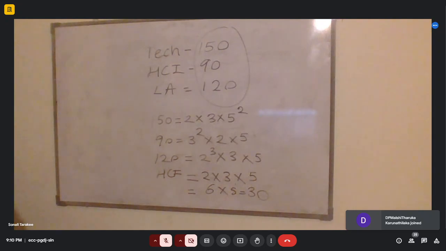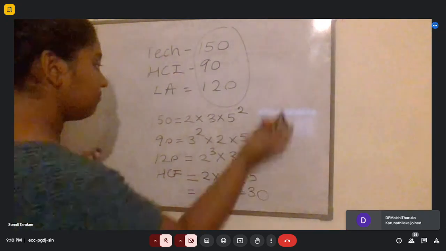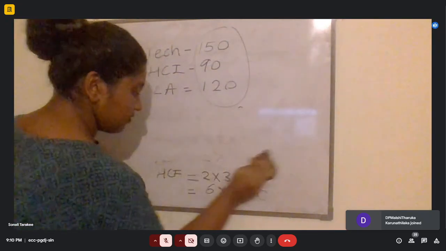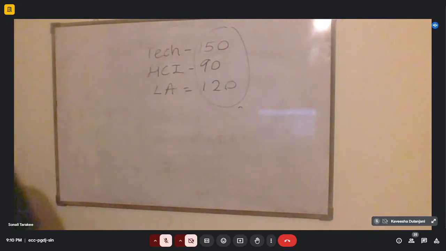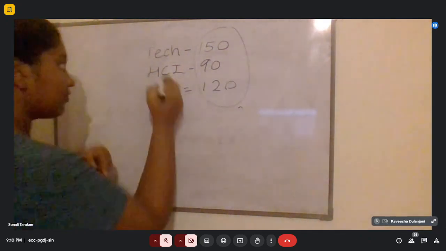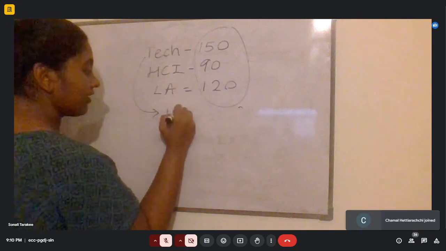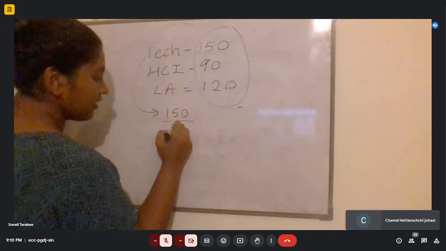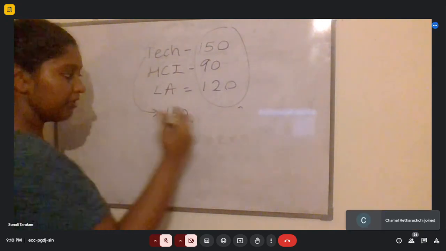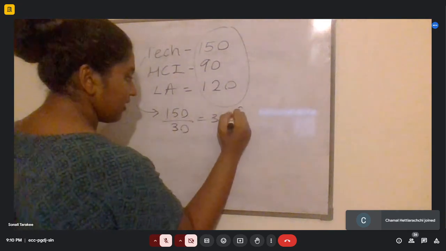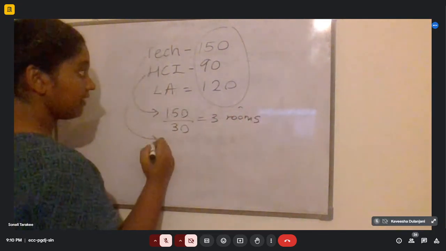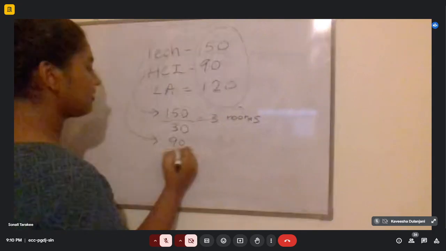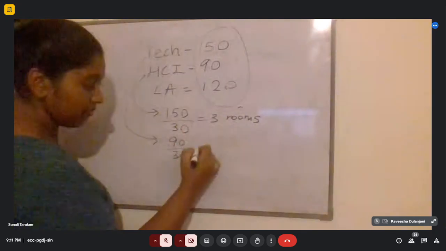Now here, 30 people are put in one room. So how many rooms? The question is how many rooms they need. So for tech people, there are 150 people and 30 people can be put in one room. So 5 rooms are required. In HCI, 90 people are there. 30 people should be put in one room.